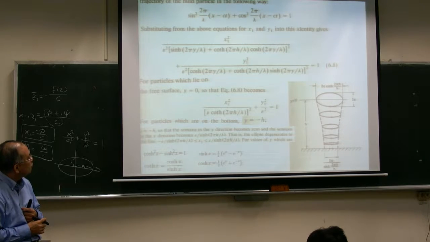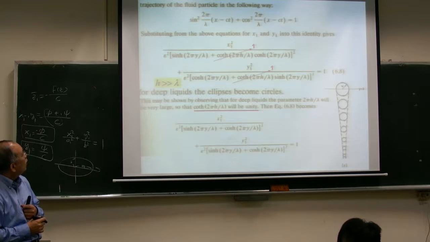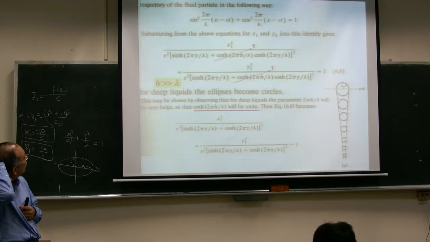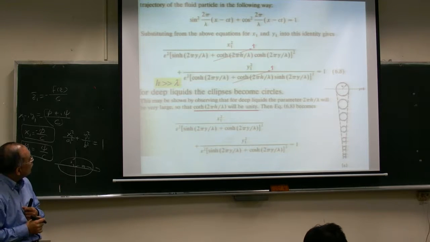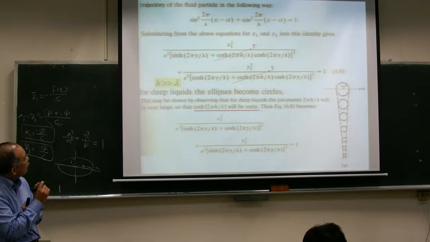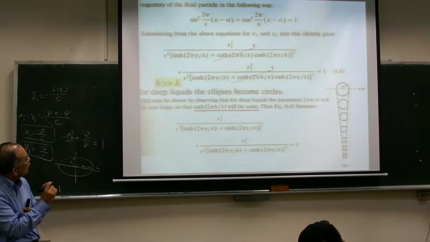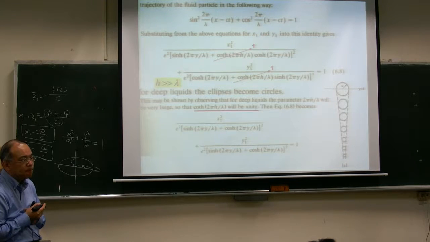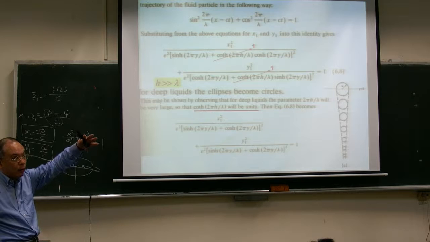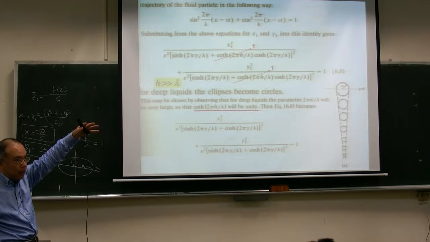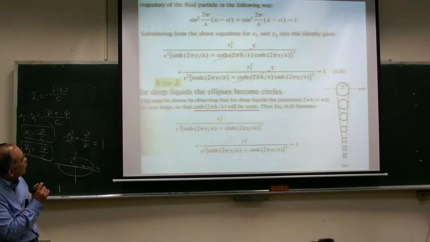Okay, so let's give you the path line for our flow field. Okay, and here, okay, as you can see, this path line equation, if you have this h much greater than lambda, what happens? H much greater than lambda means deep water, right? H is very deep, okay, very deep water. So this approaches 1, because h over lambda is much greater than 1.